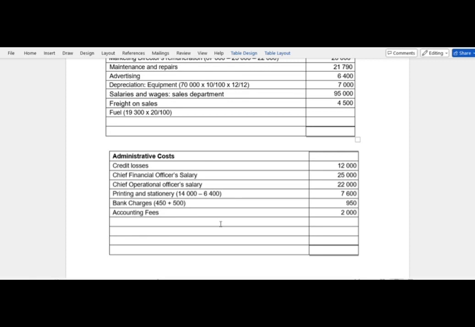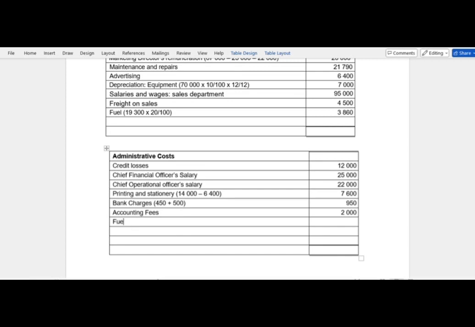Put that on the calculator and tell me how much you are getting right there. Let me put that on the calculator as well. Multiply by 20 out of 100. So I'm getting 3,860. All right.